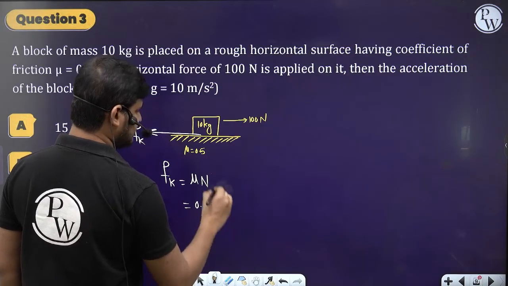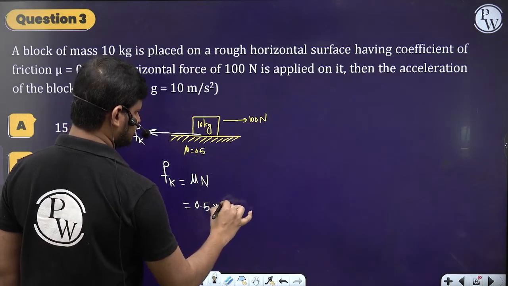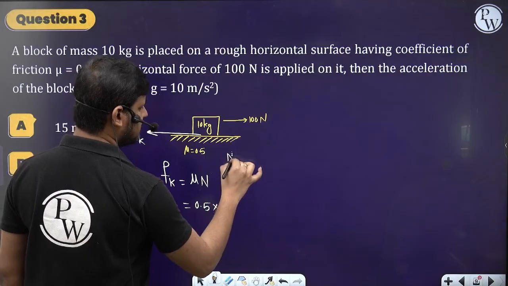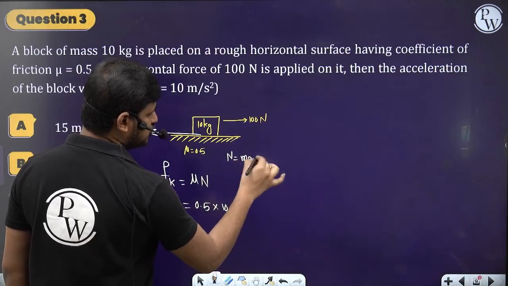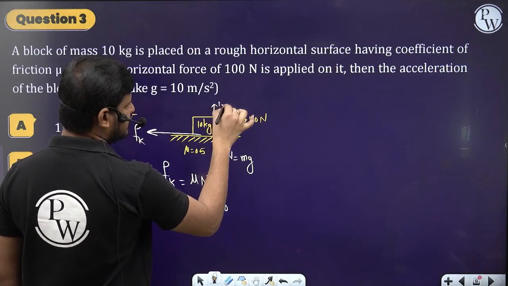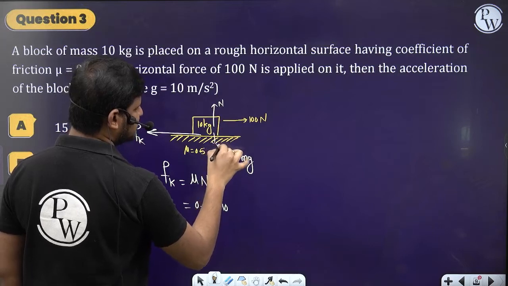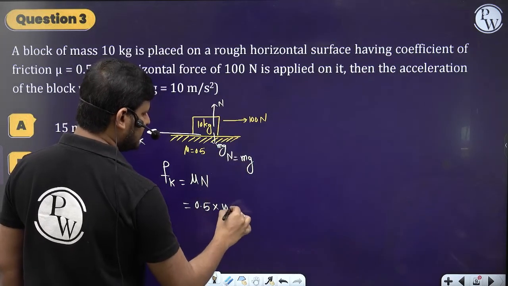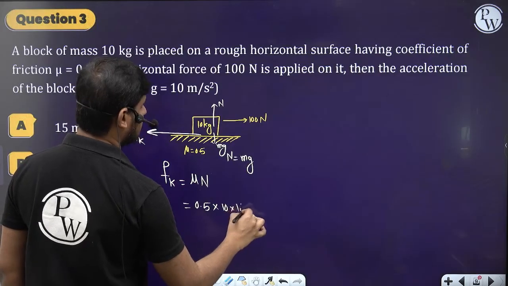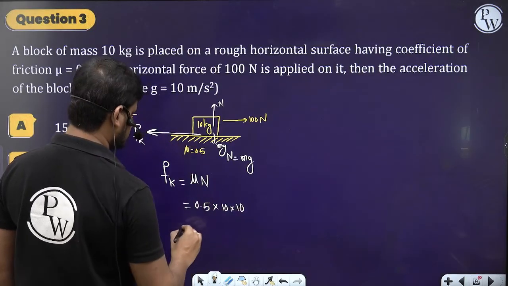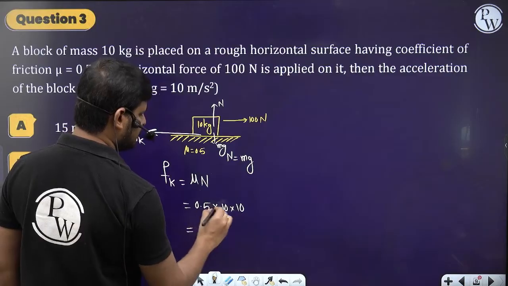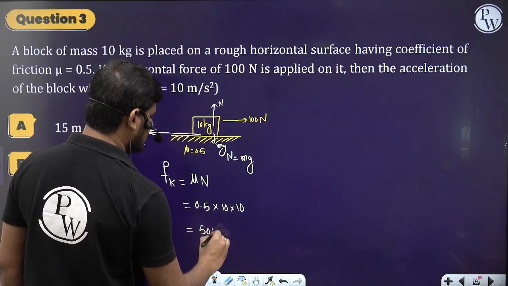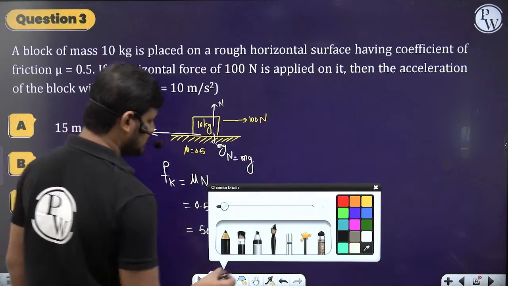So here N is equals to simply mg. So yes or no? Normal is upside and body's weight mg is downside, right? N is equals to mg. So m is 10, g is 10. G they said take it as 10. So this is a friction, so 50 newtons.